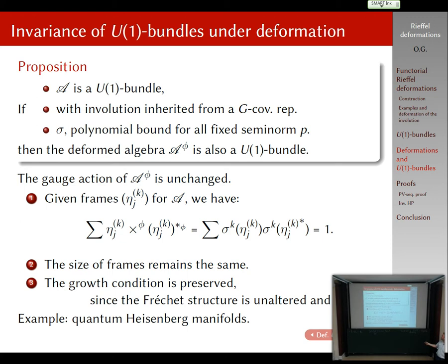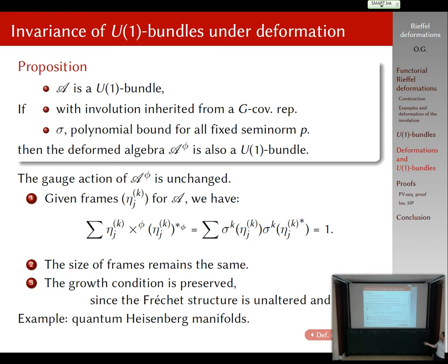Actually, you can take the same frames, and the fact that the involution is deformed is enough to ensure that, with the new product, the old frames are still frames. Since you take the same frames, the size of frames remains the same, and the growth condition is going to be preserved since the Fréchet structure is preserved.